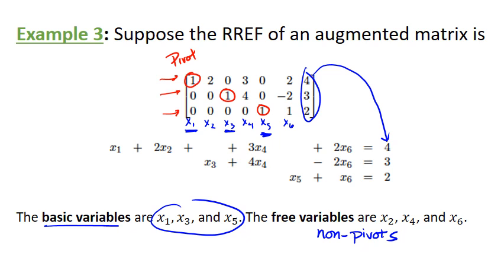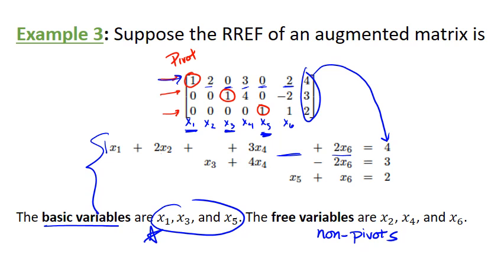Now, the reason I have these basic variables is that if I write my equations, they are not anywhere else in an equation. They're only located in one. So if I rewrite this as an equation, I have 1x1, 2x2, no x3s, 3x4, no x5s, 2x6 equal to 4.